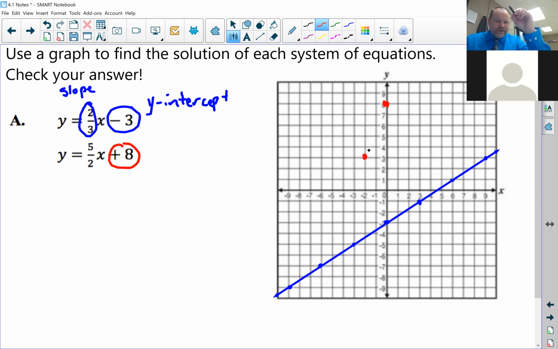And because I'm going in a negative direction and a negative direction, a negative divided by a negative is a positive. So that's still going to give me that slope of positive 5/2. And so on, drawing my graph.